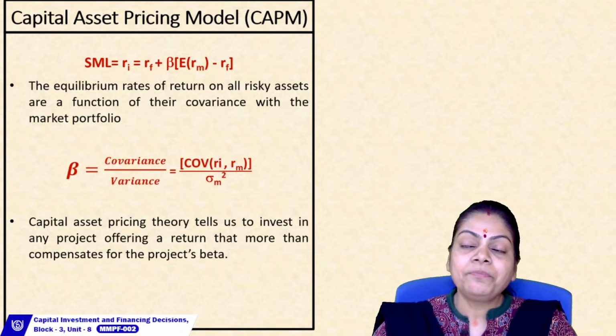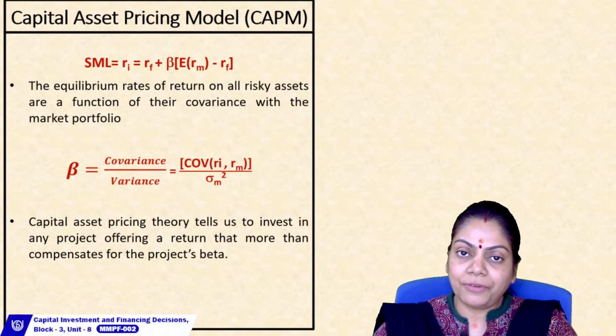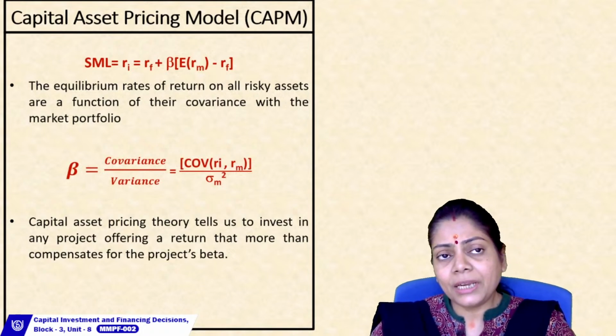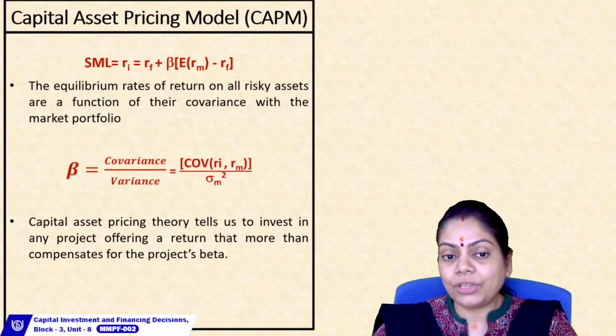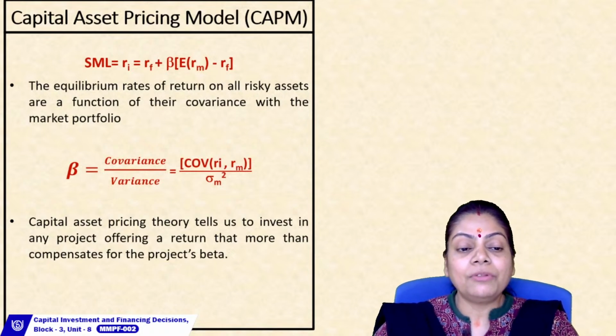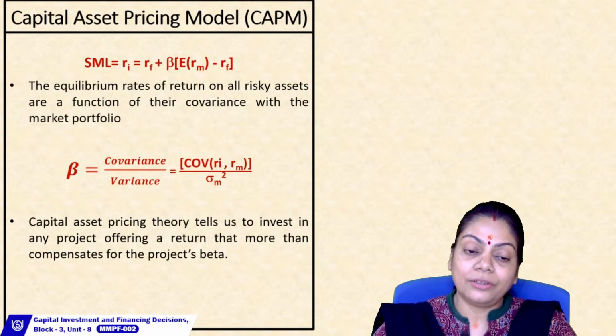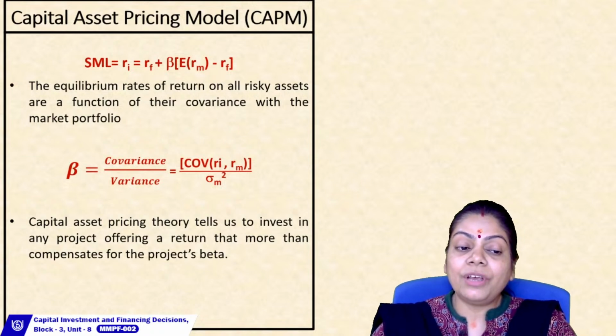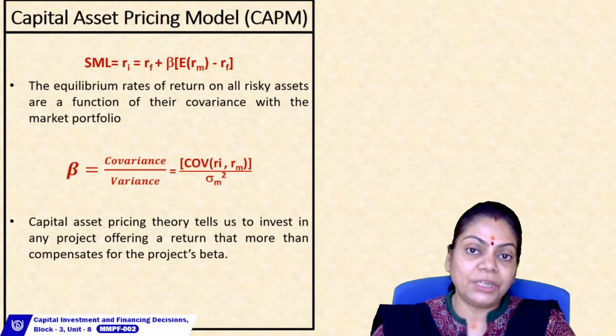If we do that, we can easily compute the beta of a company. We can use Excel sheets, plot these Ri and Rm on them, and also compute the beta from that. The capital asset pricing model tells us to invest in a project which offers a return that more than compensates for the project's beta.